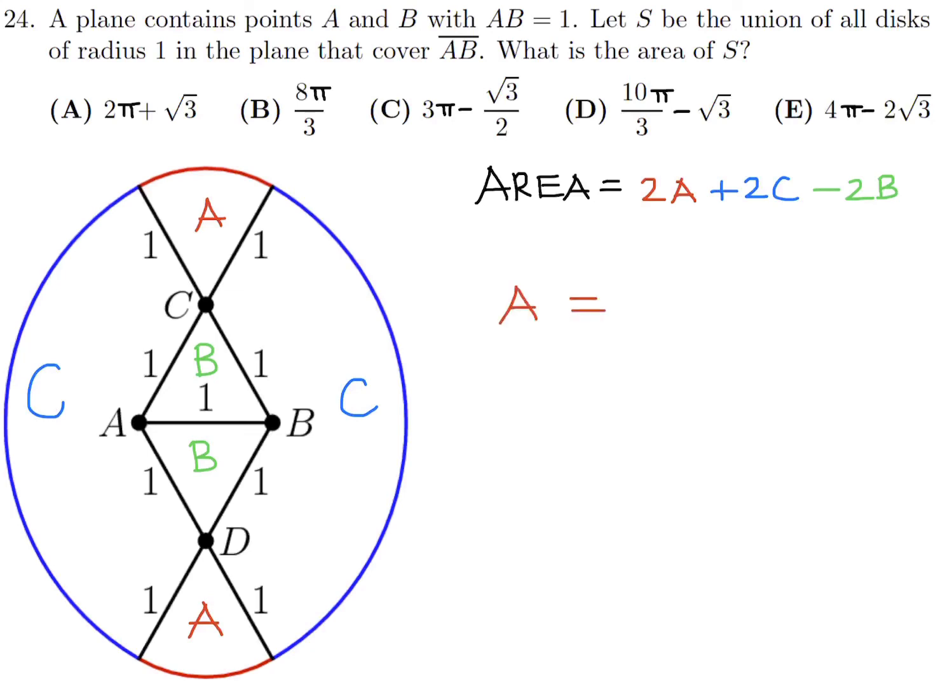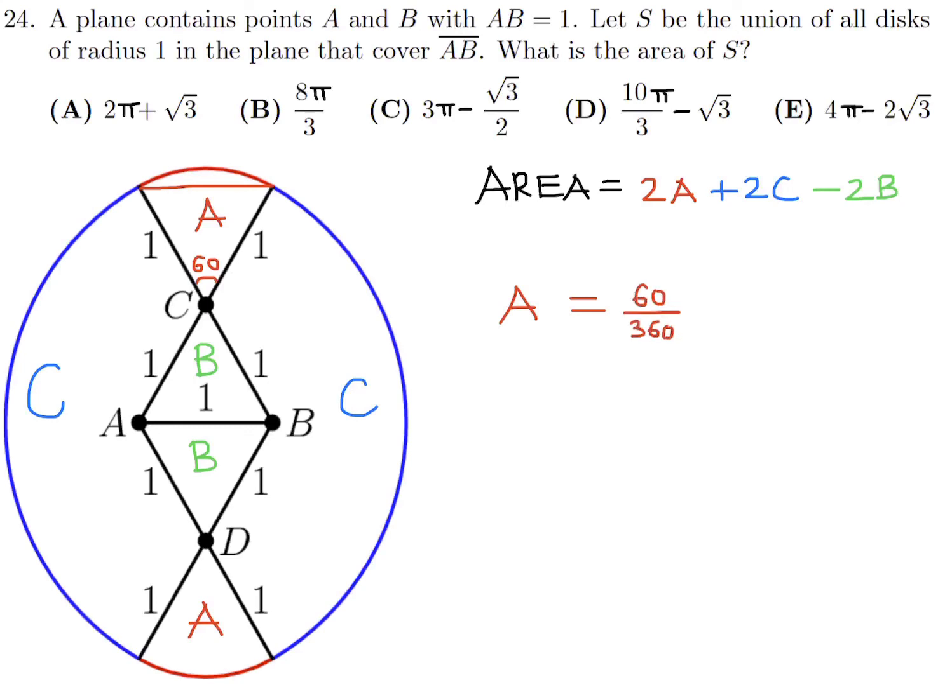A is basically just a pie, right? It's like a piece of a pie. And this basically is 60 degrees right there, because if you draw a line from there to there, that's going to be 1, just like AB. So this becomes an equilateral triangle. All sides are 1. And because all sides are 1, that's 60 degrees. So how do you figure out the area of that pie?